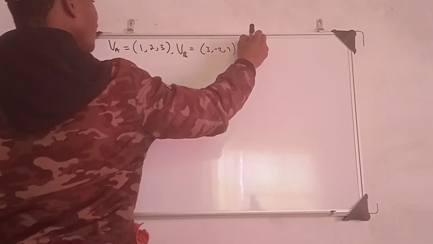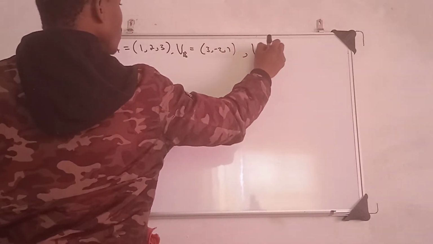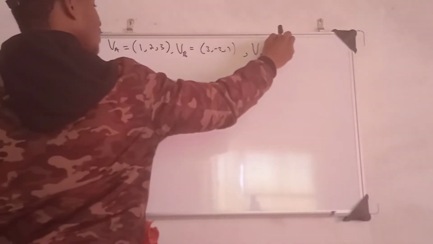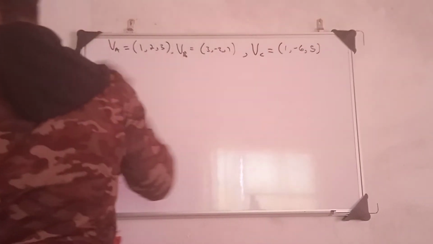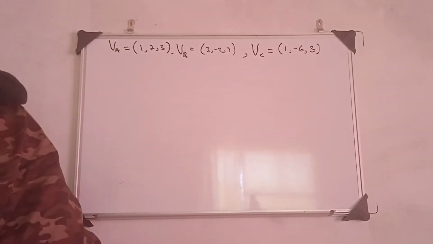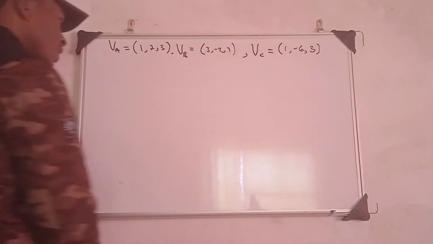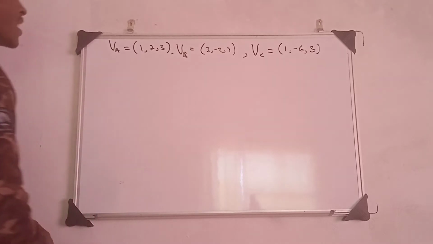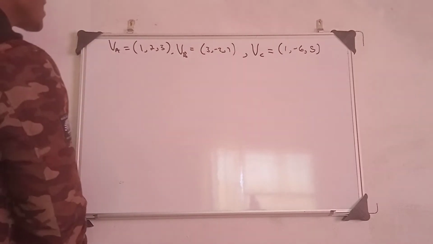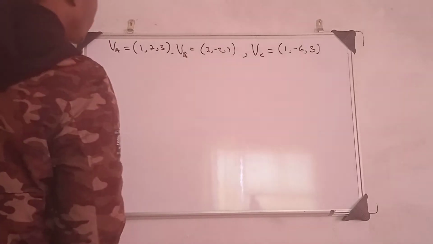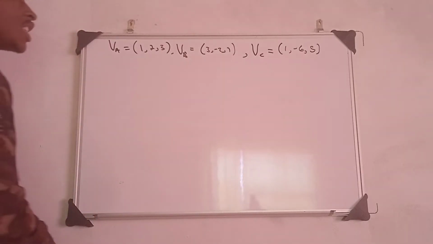And we are given VC, which consists of 1, minus 6, and 5, respectively. They are asking us to test for linear independence and linear dependence.